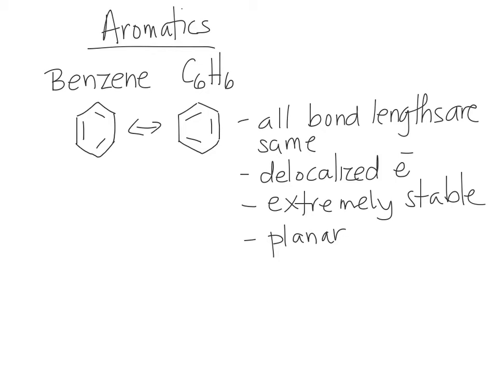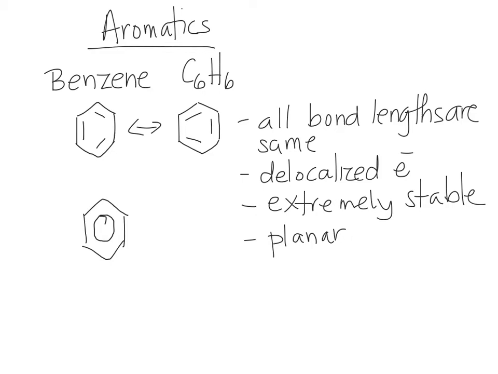So delocalized electrons means that those electrons can be anywhere, running around in the circle here. Because of these delocalized electrons, it's agreed that benzene should be drawn as a 6-member ring, but a circle in between.